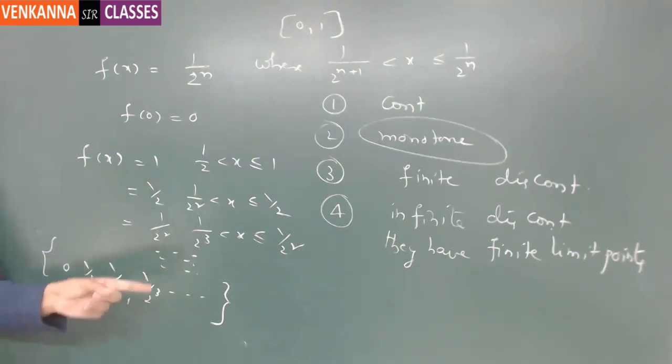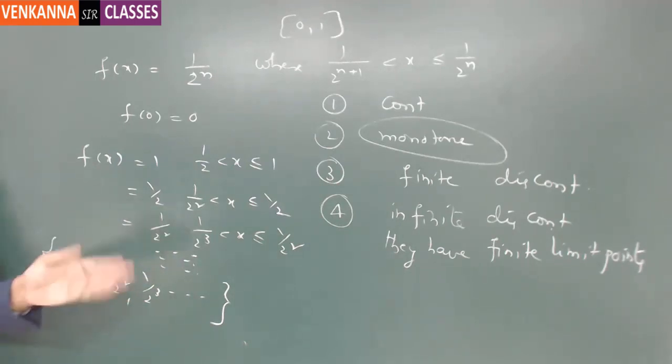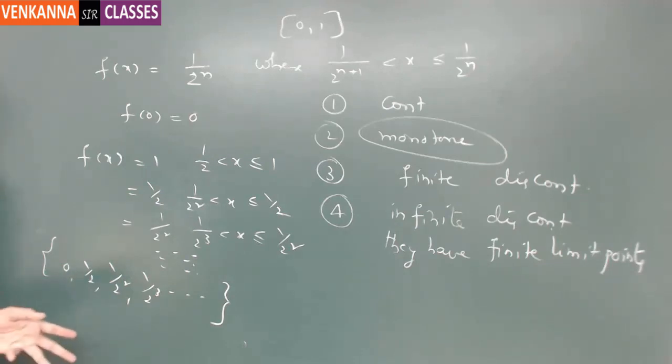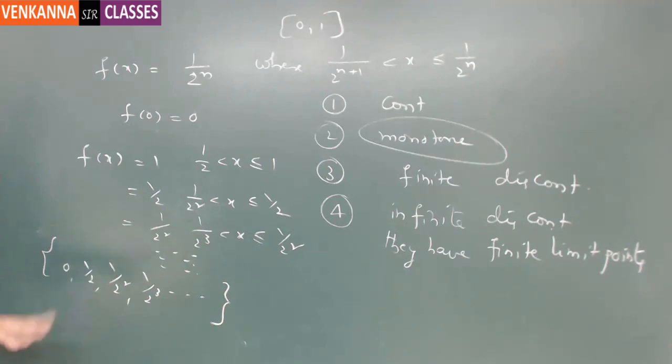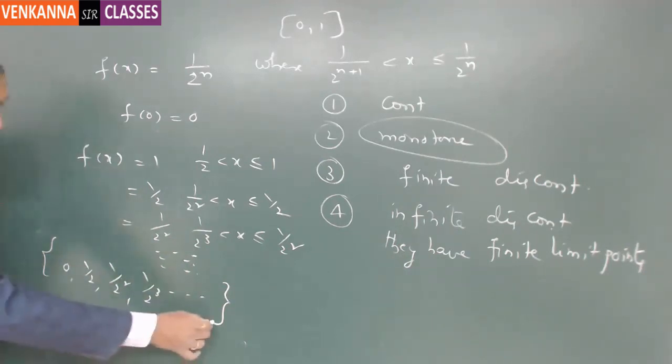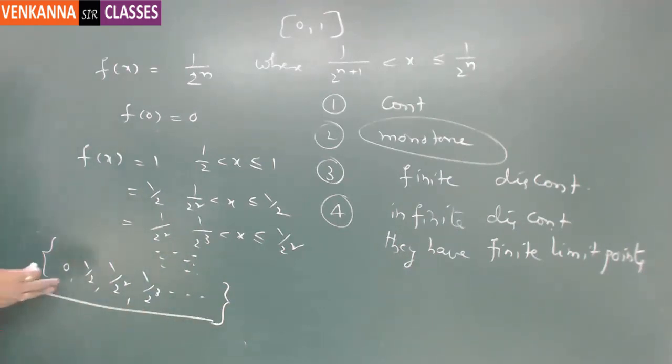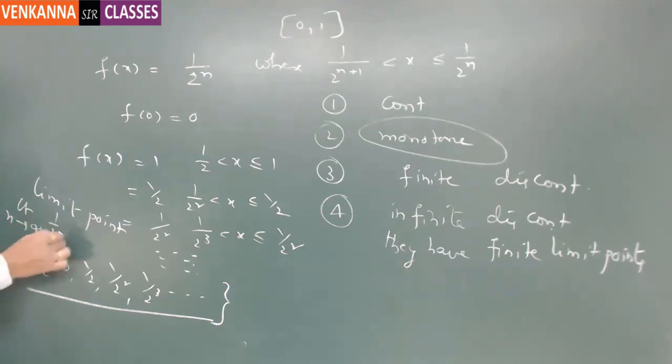These are infinite in number, so it has infinitely many points of discontinuity. But these points have a limit point, because the limit as n tends to infinity of 1/2^n is 0. Accepted?